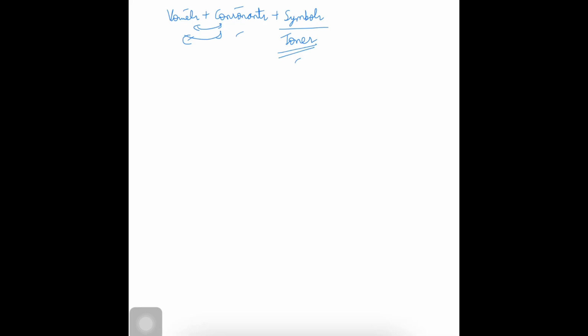Similarly, in Hindi, a word is formed by the combination of vowels, consonants and symbols, either by only one of the first two, or a combination of all three, or any two.